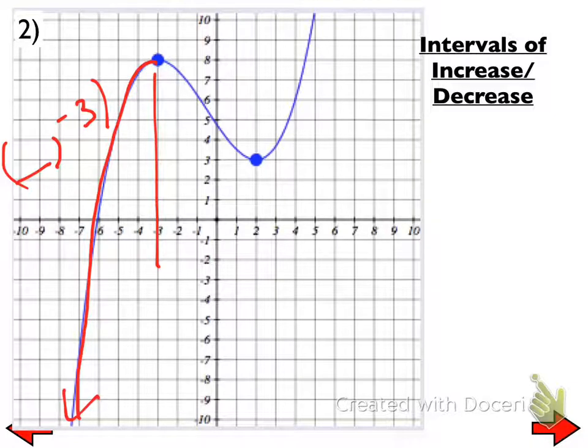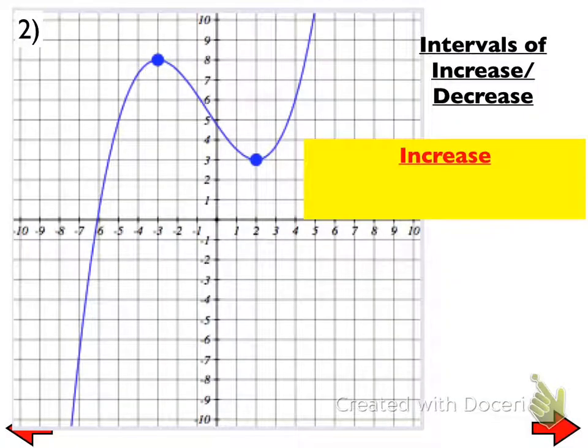But what's this part of that interval? It's negative infinity, right? The graph just keeps going on and on and on. And then the other part of the increase over here is from 2 to something, and that graph just keeps going on. So what is this part of that interval? Positive infinity, right. So let me take that off of there. So it is increasing from negative infinity to -3, and then also from 2 to infinity.